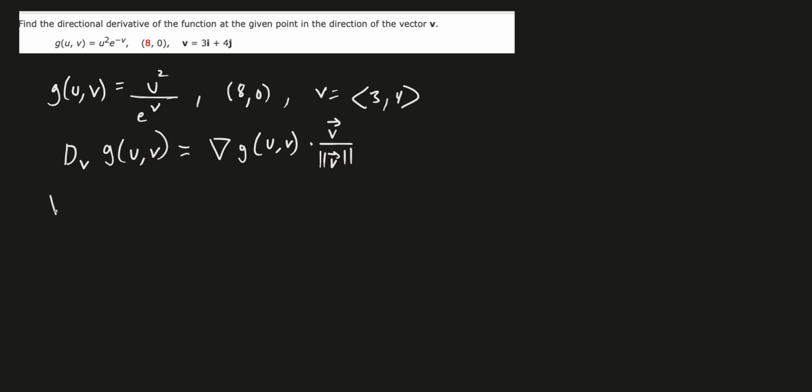Okay, let's find the gradient first. The gradient is going to be the partial derivatives: partial g with respect to u, comma, partial g with respect to v.